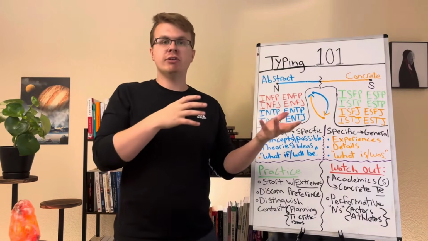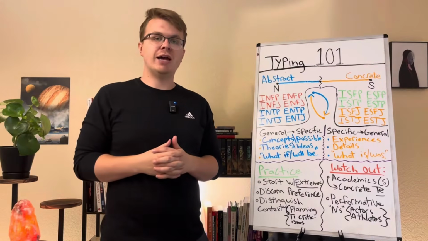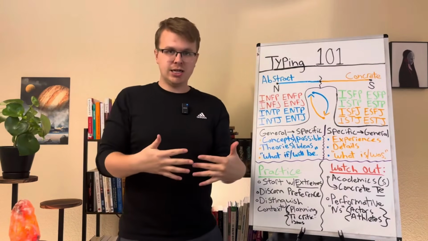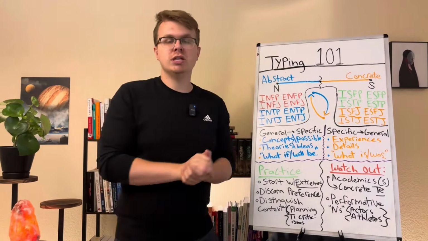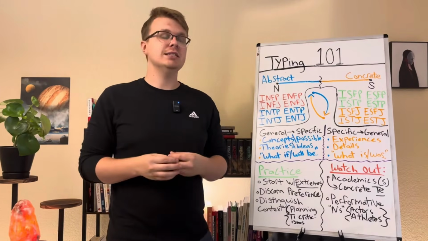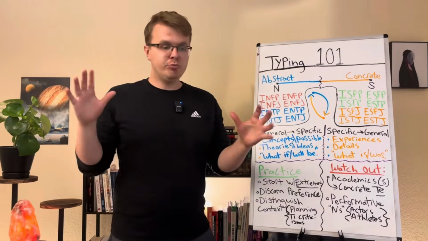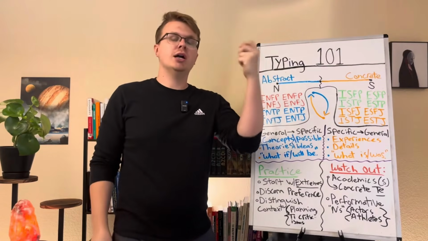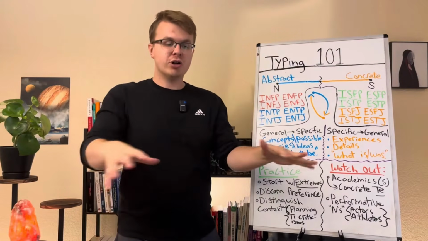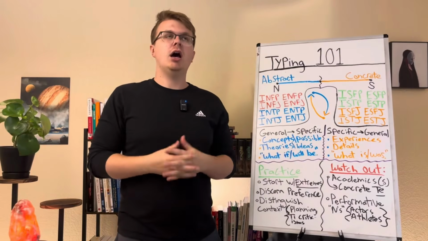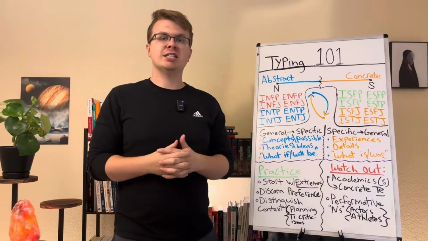Or how is it relevant to this or that observation I've made? It starts with the idea and then it moves into the specifics, into the details. Inversely, the concrete types build up to ideas, to concepts, to possibilities from a plethora of personal experience.